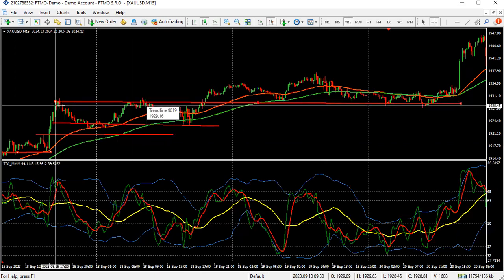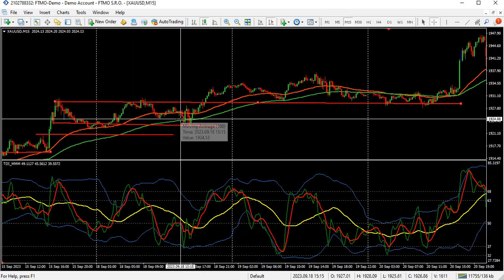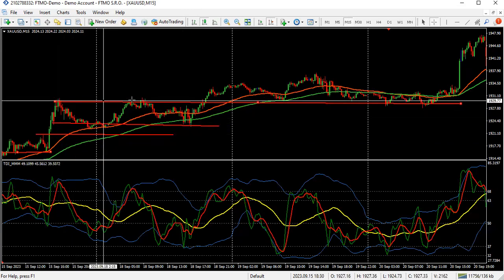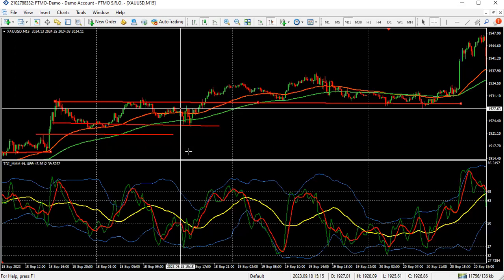Okay, we don't do double tops and double bottoms, even though that's what people do. People promote that. Why don't we do double tops and double bottoms? Because in a double top or double bottom, you still don't know which way the trend is going to go. So just because you trade at a double top, does that mean that it's going to continue to go down?